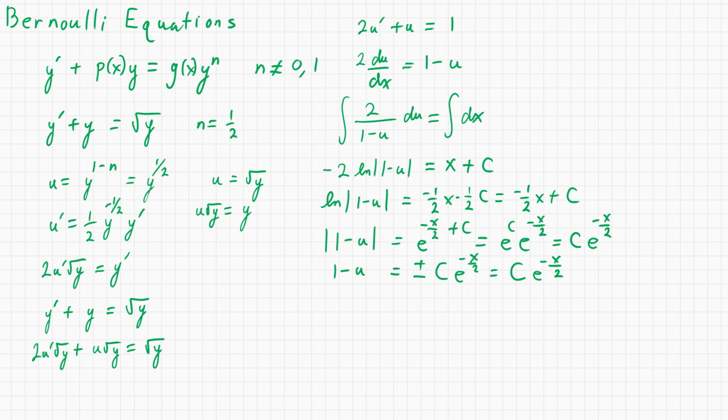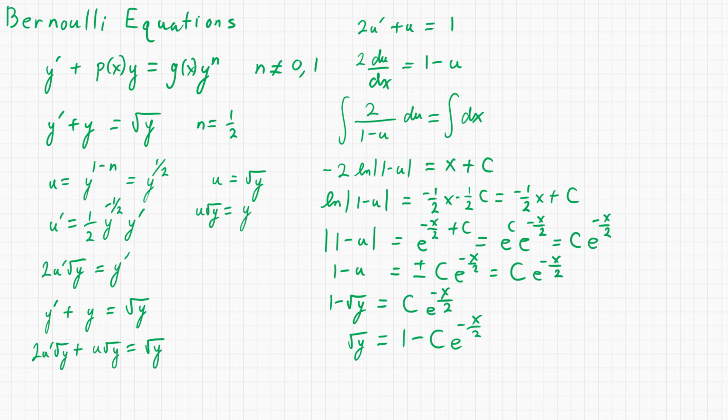Okay. So then, let's see. Let's go ahead and put the u back in terms of y. So let's see, u was square root of y. So I have 1 minus square root of y is equal to constant times e to the negative x over 2. So then let's go ahead and add the square root of y over and subtract the constant term. So that ends up being square root of y equals 1 minus c e to the negative x over 2.